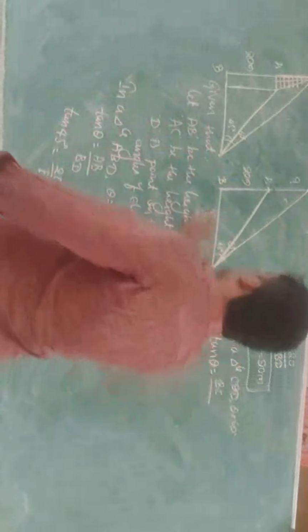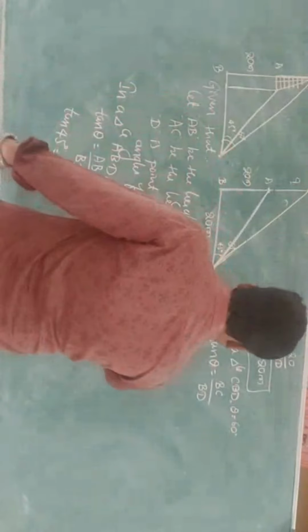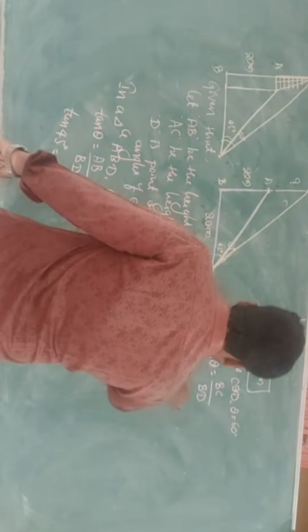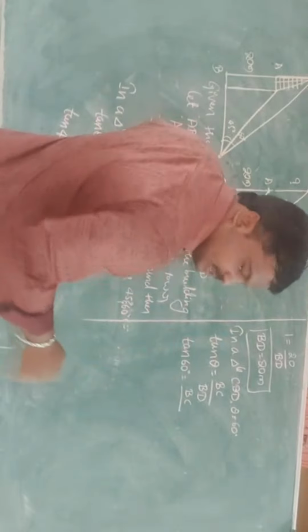So in triangle CBD, theta is equal to 60 degrees. So tan theta is equal to BC upon BD. Substitute the values. Tan 60 degrees is equal to BC, as it is, upon BD, calculated as 20.